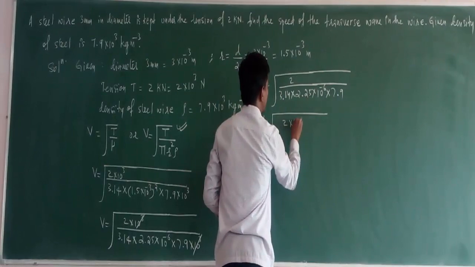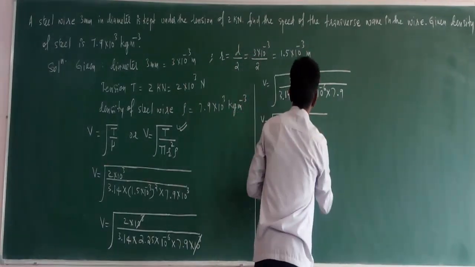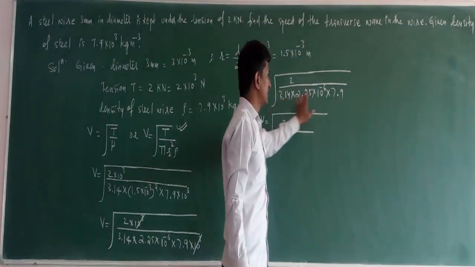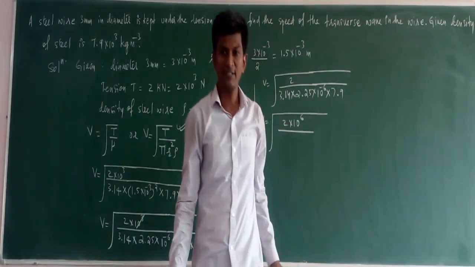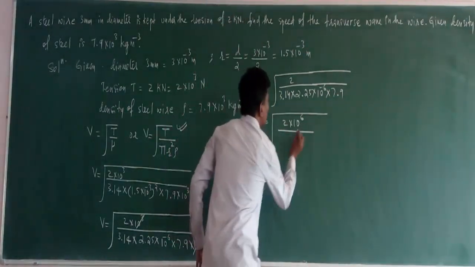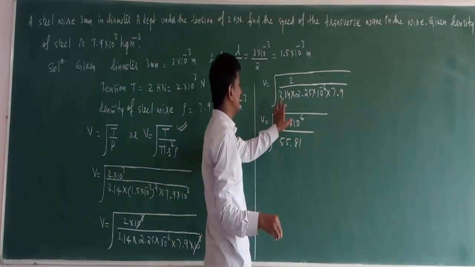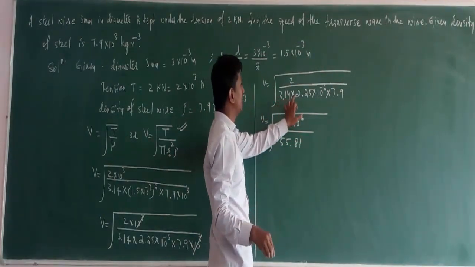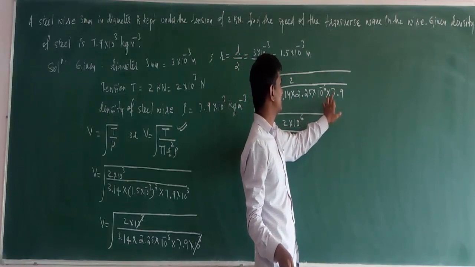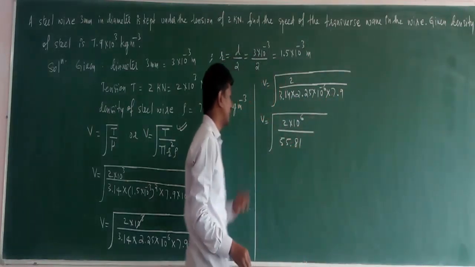Take this 10 raised to minus 6 in the numerator, then it becomes 2 into 10 raised to 6. Multiply all these terms, you get 55.81. Once you multiply 3.14, 2.25, and 7.9, it gives you 55.8.